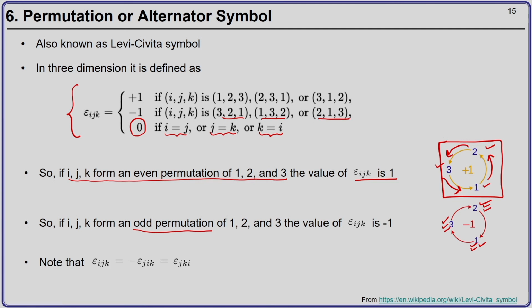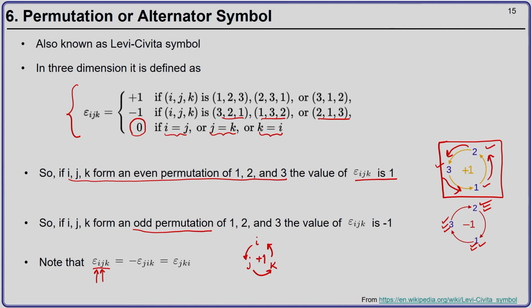Another important property that you can figure out yourself is this: if you have epsilon i, j, k and you reverse any 2 indices, say for example if I interchange i with j, so you have this particular order i, j, k and the value is +1.